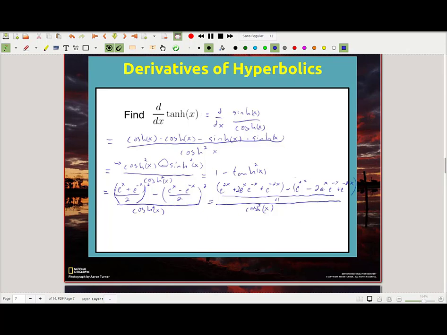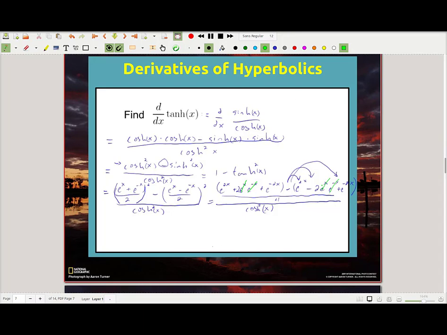All right, now look at what you can combine, keeping in mind that we are distributing this negative. And also notice that e to the x and e to the negative x, those exponents add together and give you e to the 0, which is just 1. This one's going to be a positive 2. This is a positive 2, so that'll become 4.